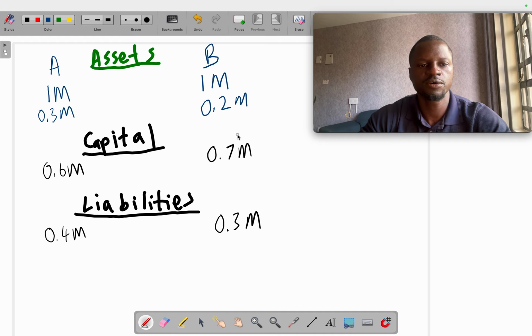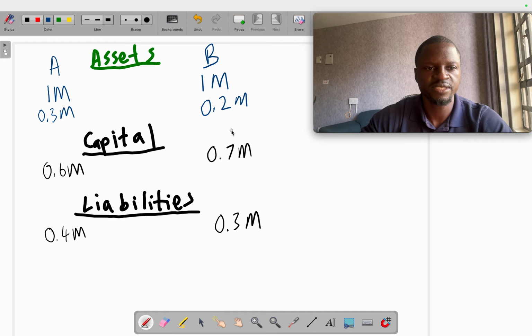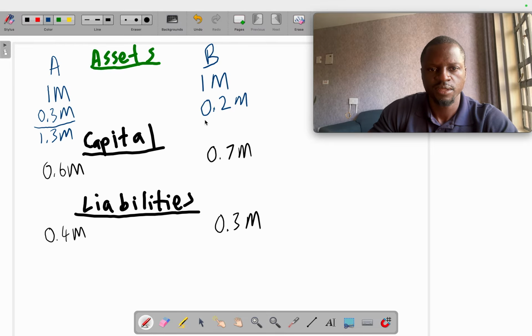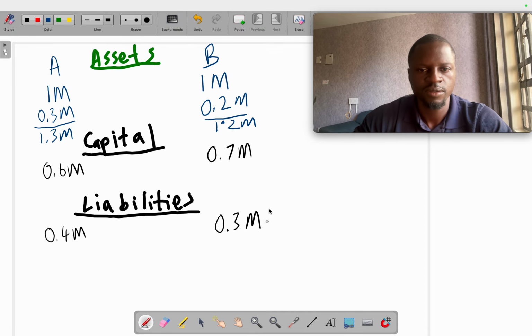So 3 months down, business A has 1.3 million in total assets, while business B has a total of 1.2 million in assets.